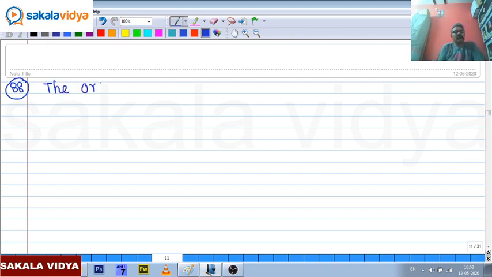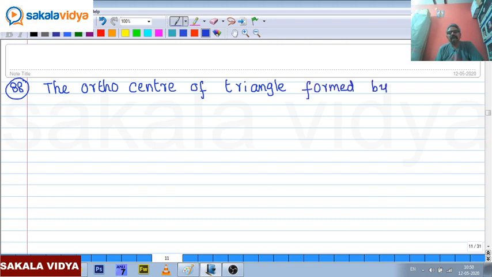The orthocenter of triangle formed by A cos alpha, A sin alpha.